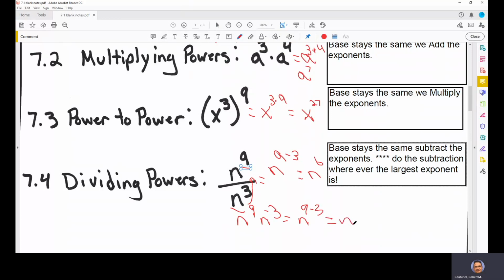And 9 minus 3 is 6. Rules, lots of rules. And not a difficult rule, but I just wanted you to know and see that this division rule really is a combination of two other rules. But by using these little asterisks here, it saves us a little bit of time, okay? Basically, base stays the same. We subtract those exponents and do the subtraction wherever the largest exponent is, whether that's the numerator or the denominator.